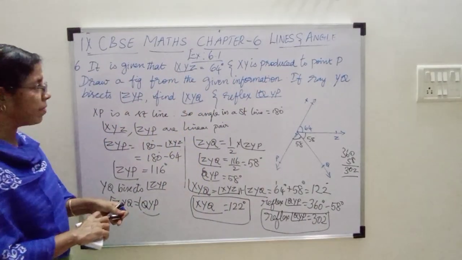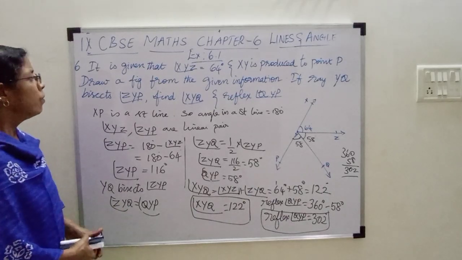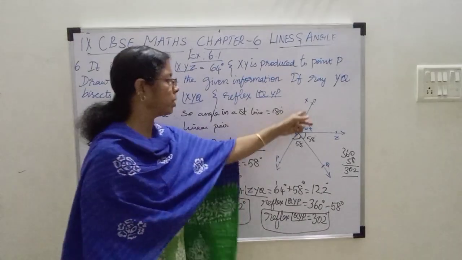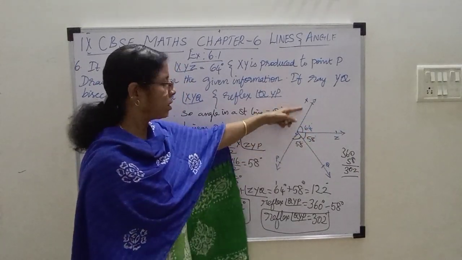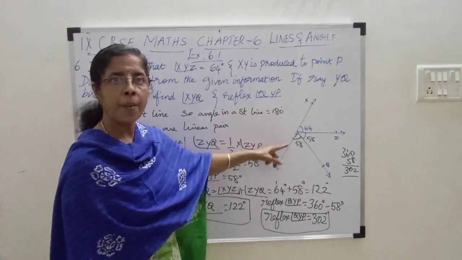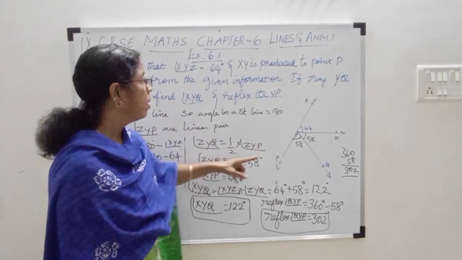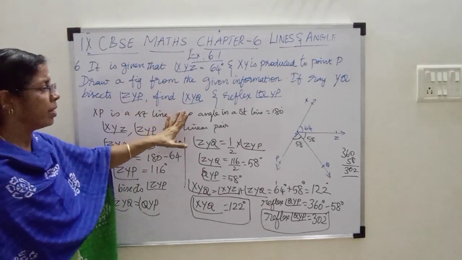First they didn't give the figure. You are supposed to draw the figure. What they have given is angle XYZ equal to 64, and XY is produced to a point P. Then you are supposed to draw the figure for this given information.